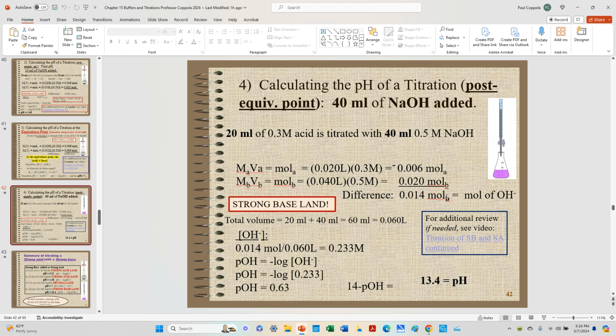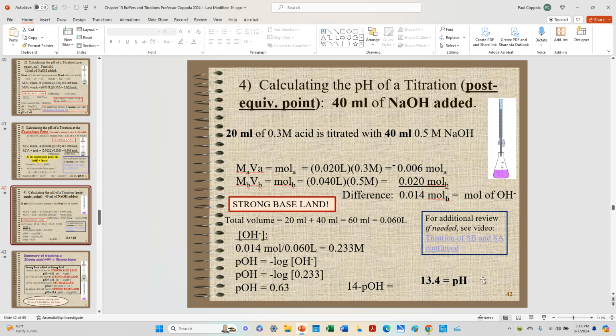However, there's a new volume now, because we have 40 plus 20, so 60 milliliters is the new volume. We convert that to liters, take the moles of base divided by that, and we get this. Now remember, because we're dealing with hydroxide, we have to get the pOH first, which we do, and then subtract it from 14 to get the pH.